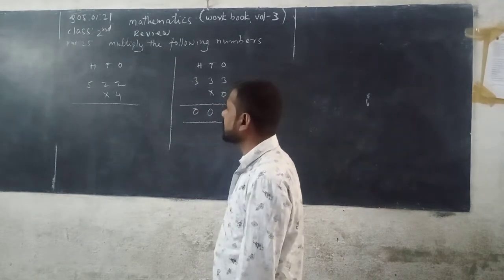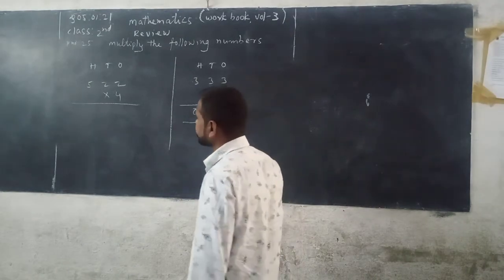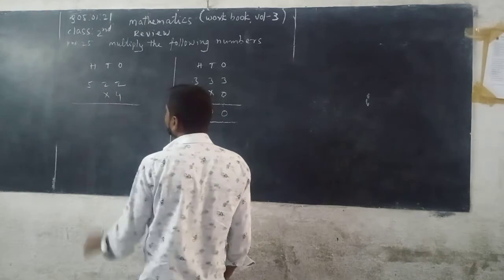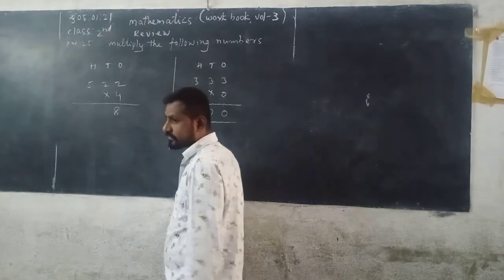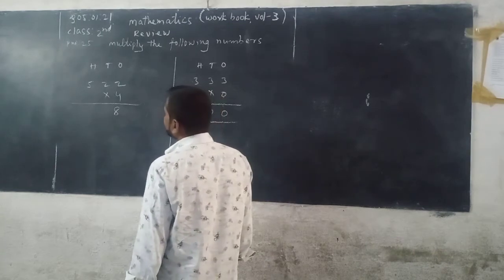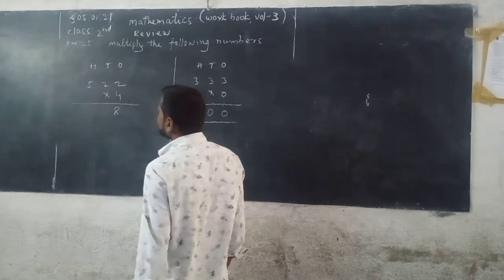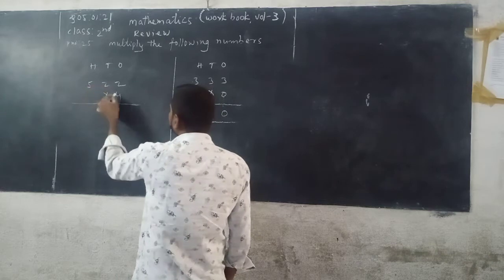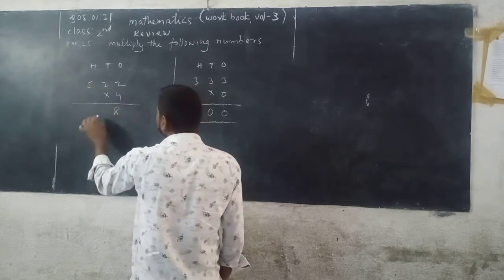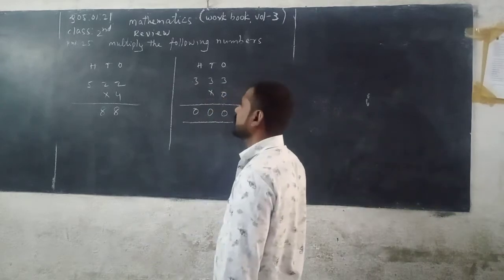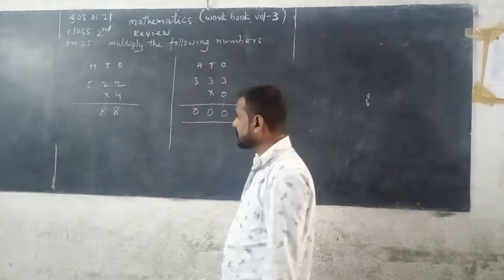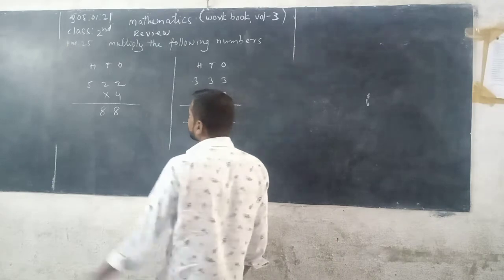First we multiply the digits in ones place. 2 with 4, then you can read 4 table, 4 2s are 8. Now next we multiply the digits in tens place. 2 with 4, 4 2s are 8. 8 is a one digit number, then you can write 8 in tens column of the product.